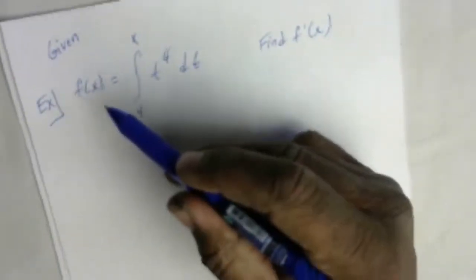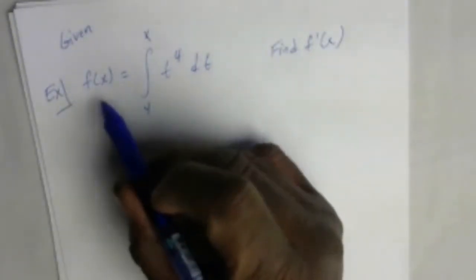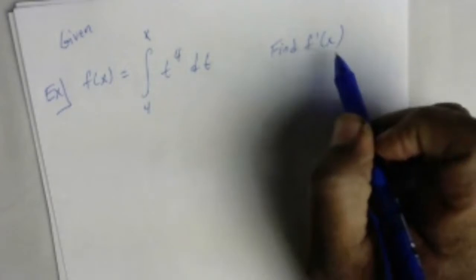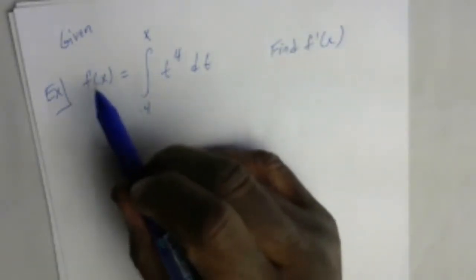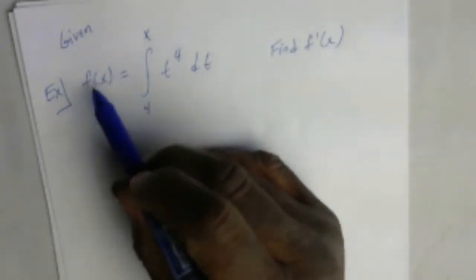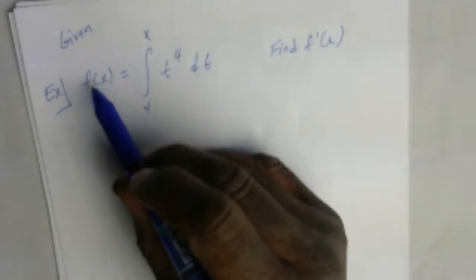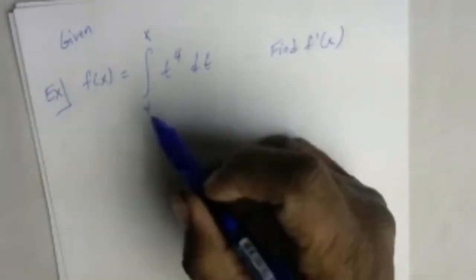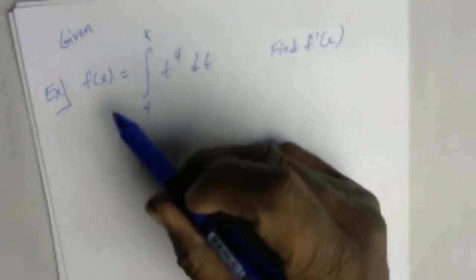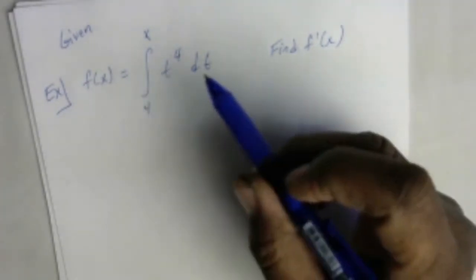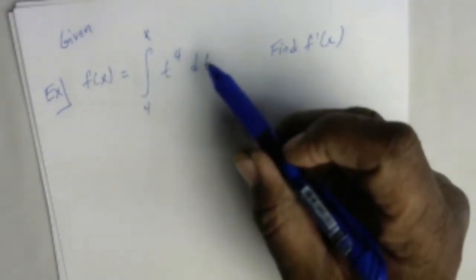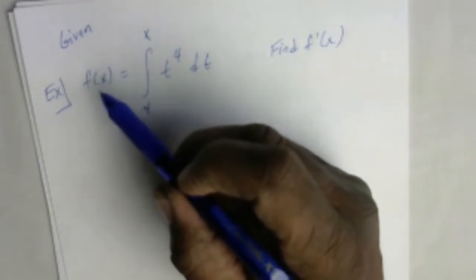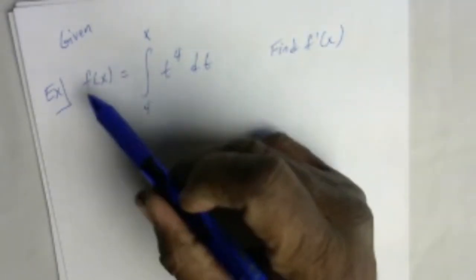All right, so this is what I'm given, f of x. I'm asked to find f prime of x. So here is the process. In order to find f prime of x, I'm going to take the derivative, because the derivative of f of x is f prime of x. Whatever I do to one side of my equation, I must do the exact same thing to the other side. So I'm going to take the derivative for both sides.